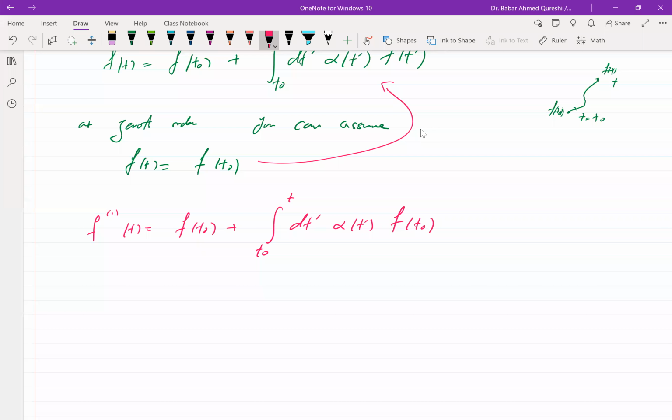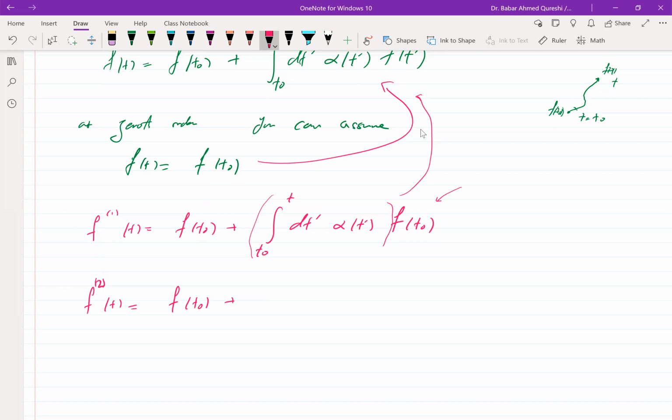Note that f of t naught can be taken outside the integral, because it is just a constant. Now the idea is that you plug it back over here. You're improving on the solution. You plug it back and you consider the next order, the second order.